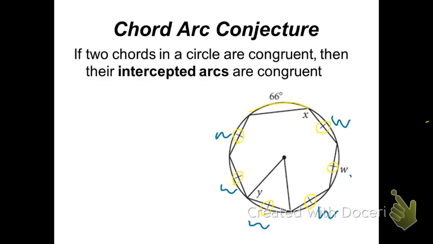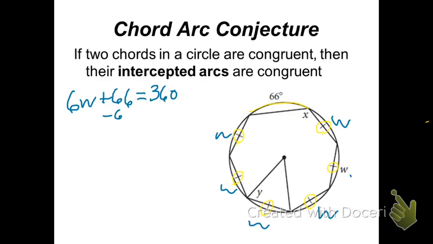So if I wanted to figure out what is W, how many degrees is W, then I can use the fact that all of these arcs, all the W's and the 66, have to add up to 360. So let's do that. So I have 1, 2, 3, 4, 5, 6 W's. So 6W plus 66 is going to add up to 360.